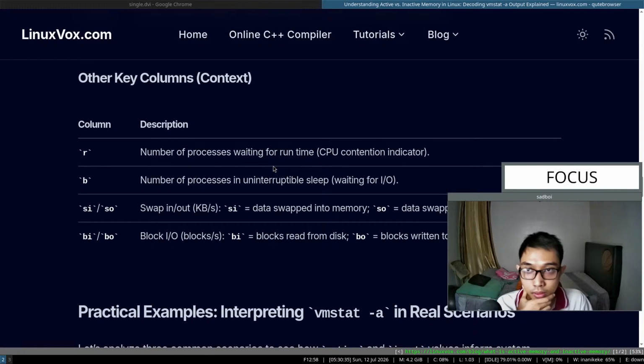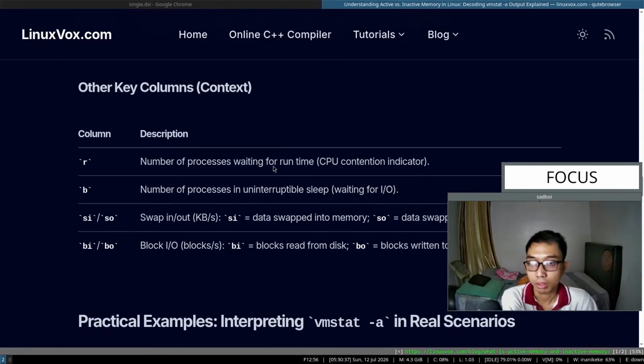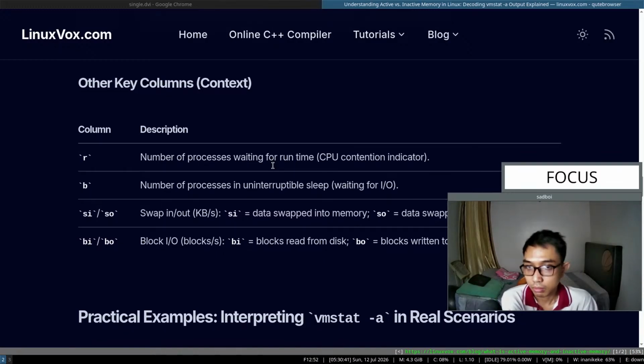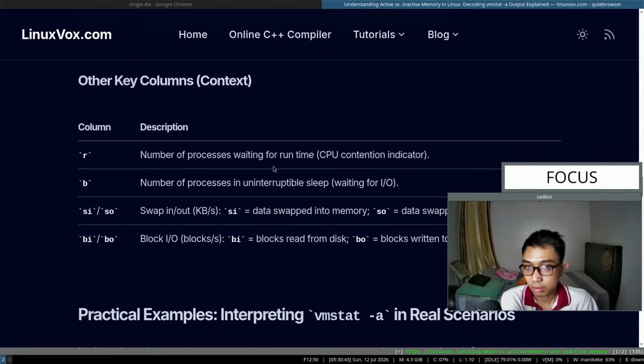Okay. Other key column context. Number of processes waiting for runtime. CPU contention indicator.